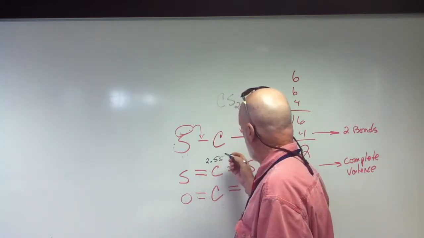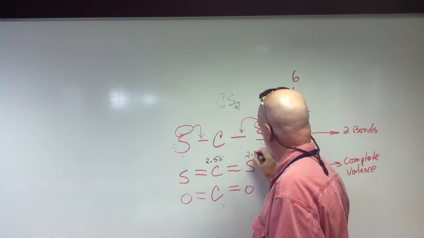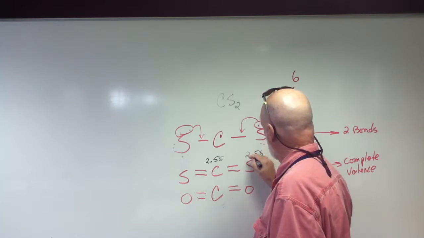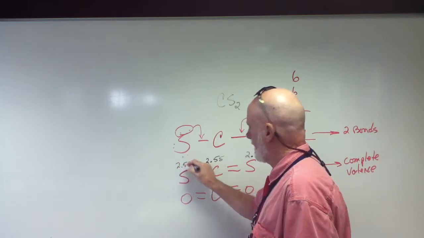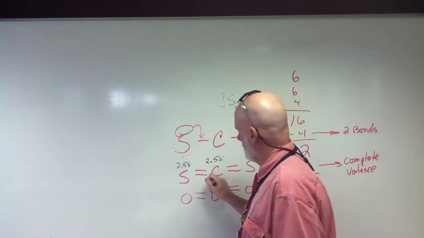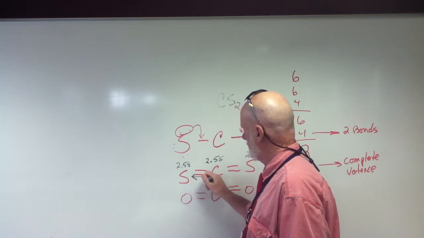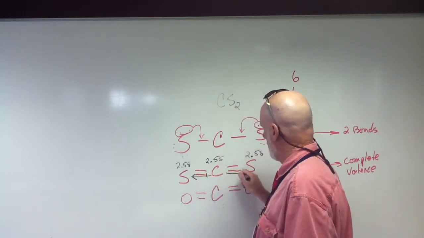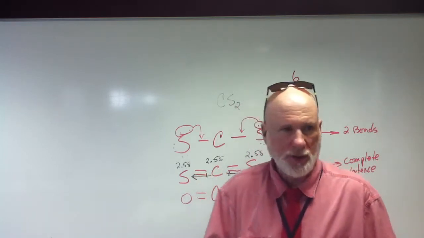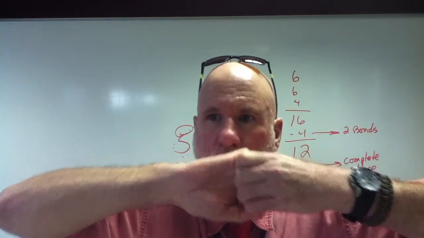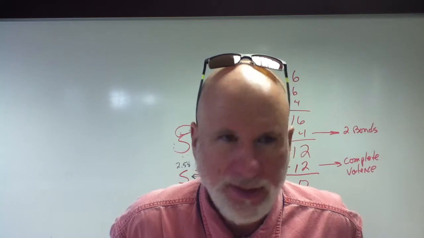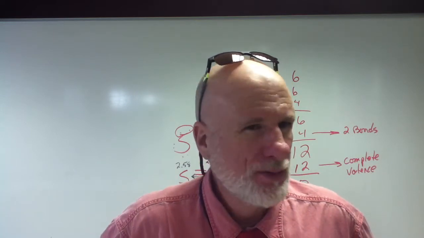So sulfur is bigger, correct? Not by much, but it's certainly bigger. So the dipole's going that way, and they're equal, right? They're pulling. Will they cancel? Yes, they will cancel.